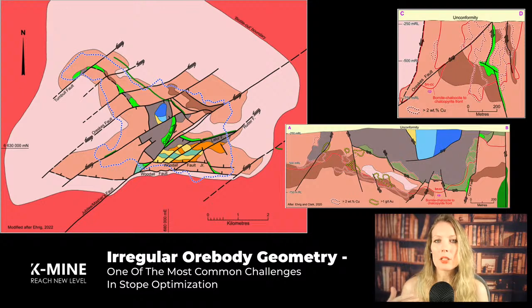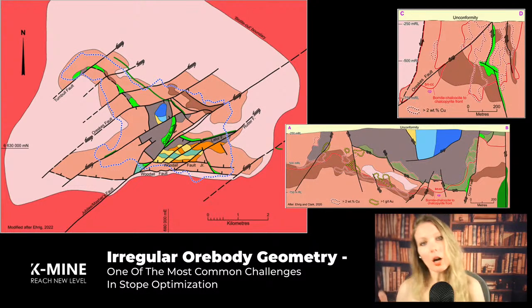By dynamically adjusting stope dimensions and orientation, the system creates an extraction plan that maximizes ore recovery within the deposit's natural geometry. Additionally, in cases where ore bodies contain multiple high-grade zones separated by low-grade material, we can apply selective mining techniques.